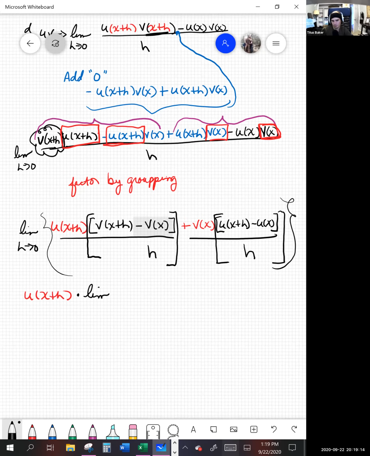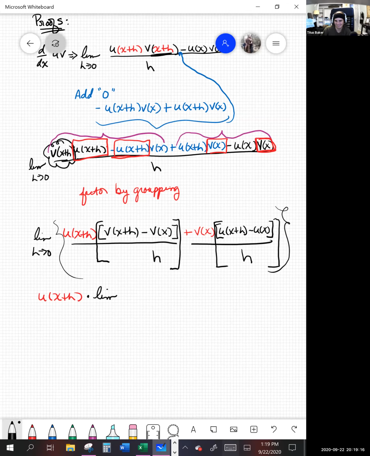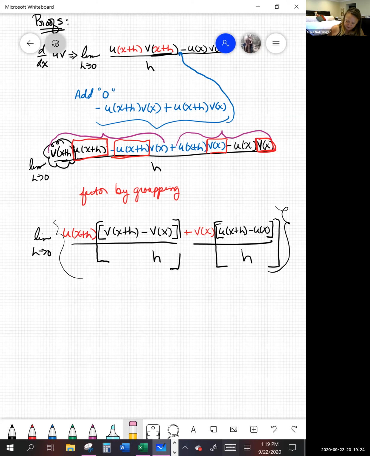Oh, it actually just looks like the difference quotient. Yeah, it does. I'm sorry. So let me just go back. So this piece looks like the difference quotient, but if we look at it like this, we're looking at the limit as h goes to 0 of this u of x plus h, just using my rules of limits.